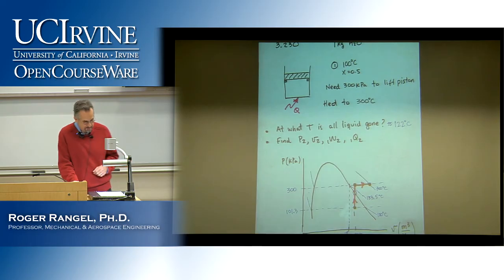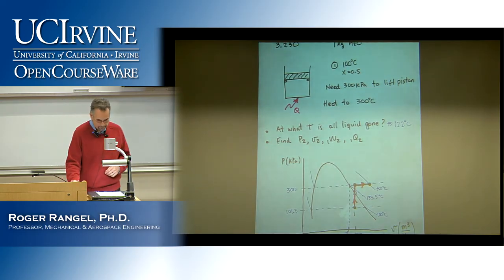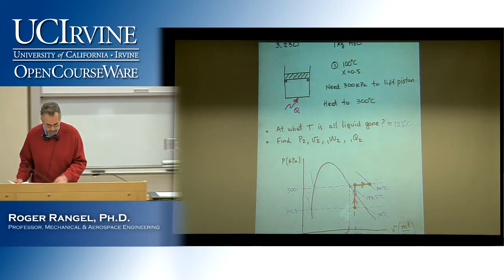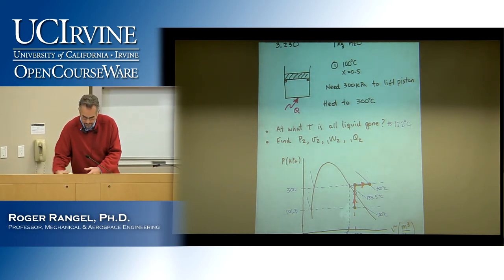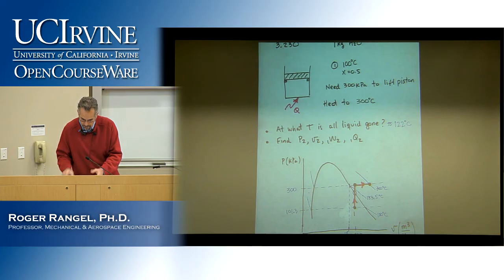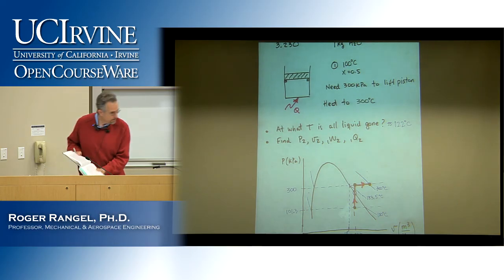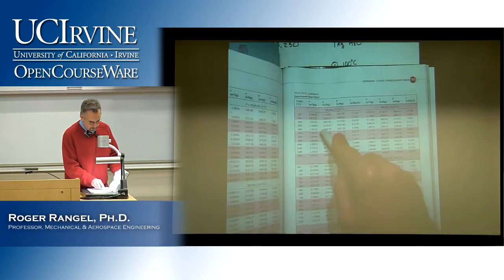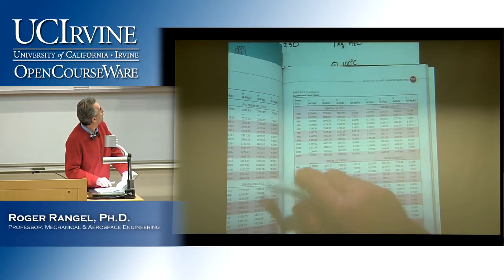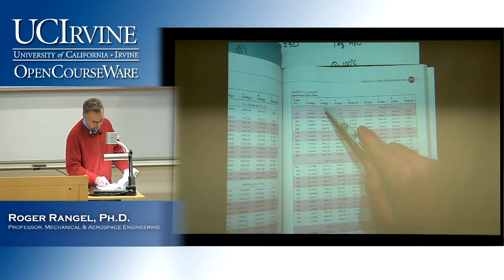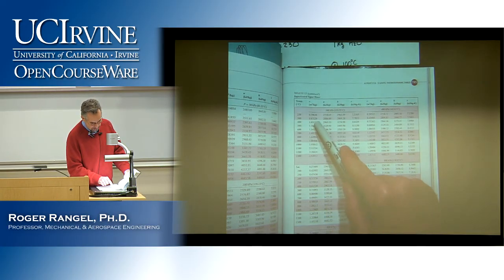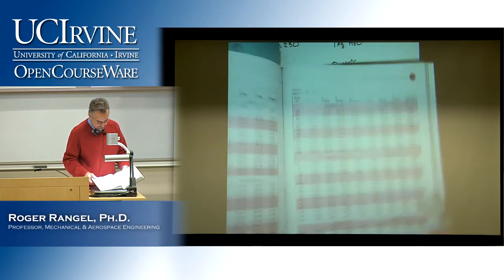What's the final specific volume? Now we need to go to the superheated table. So if we go to the superheated table at 300 kilopascals, right here, 300 kilopascals and 300 Celsius, we need that number, 0.875.